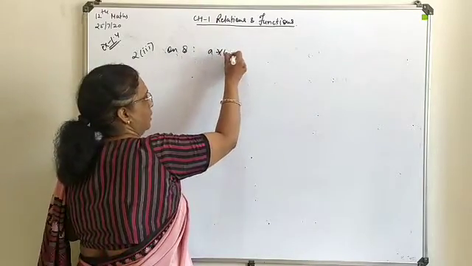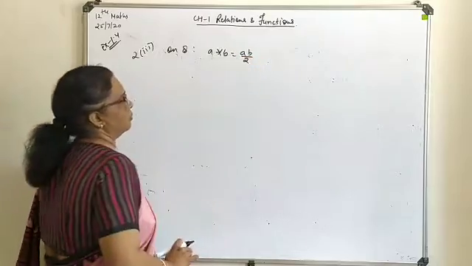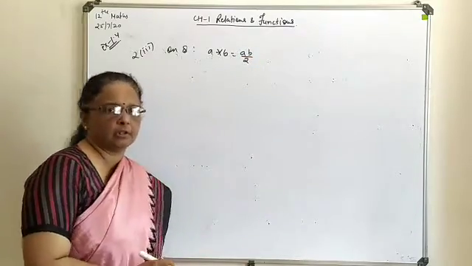A binary on B is defined as AB upon 2. So let's go for checking the commutative law first.